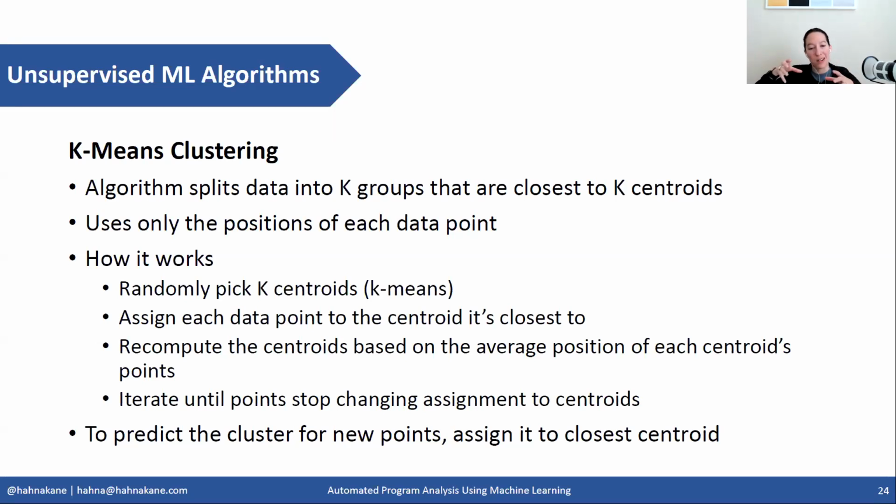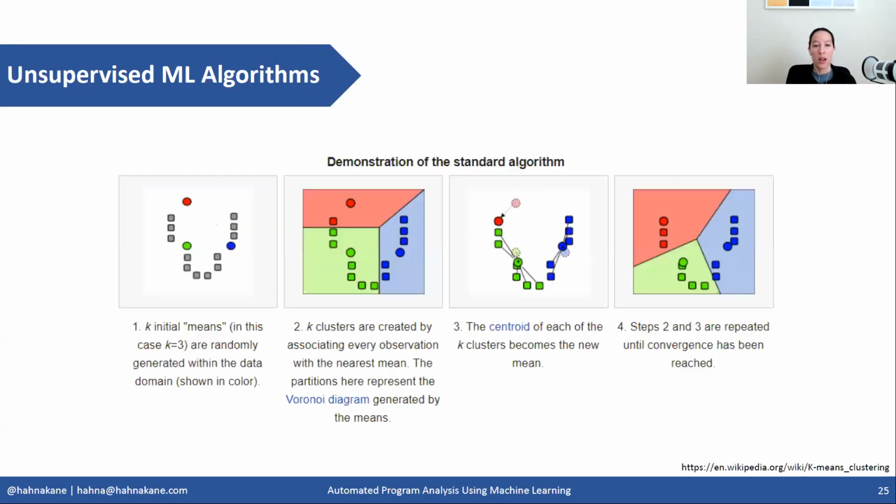Based on this clustering technique, you can then predict the cluster for new points and assign them to their closest centroid. So let's look at this in action, because I'm sure that was a mouthful. It definitely was for me. So here's a visual demonstration of k-means.